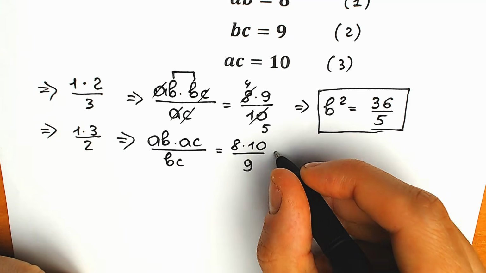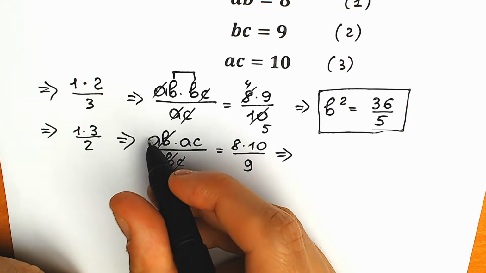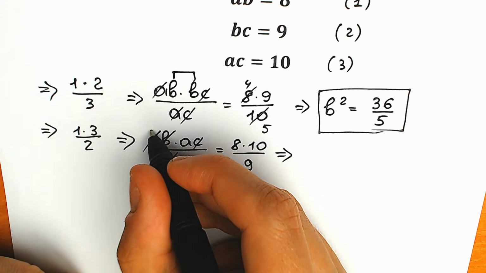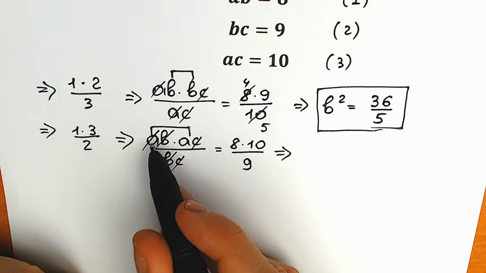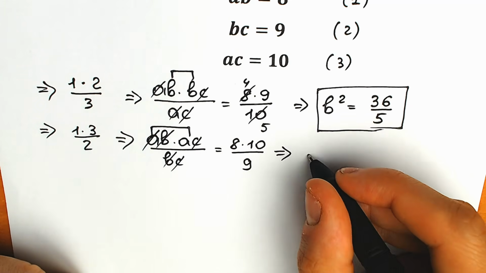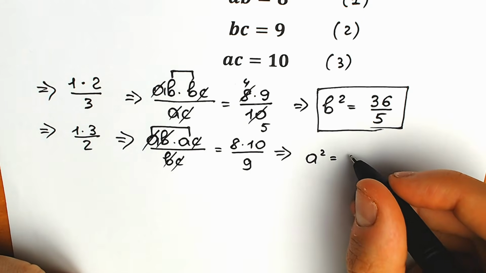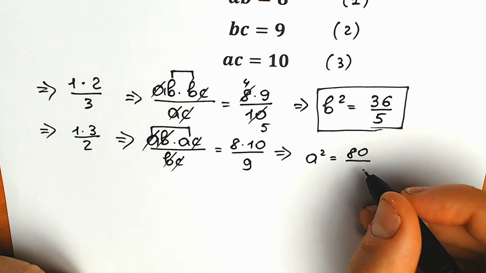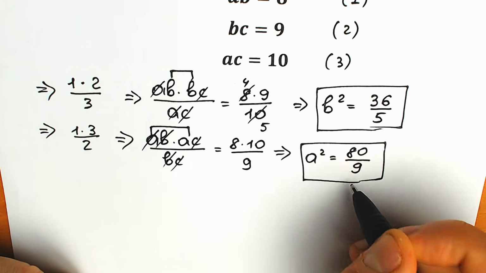From here, B we cancel, C we cancel, and we have only our A square. So A square equals 8 times 10, which is 80 over 9. This is our A square.